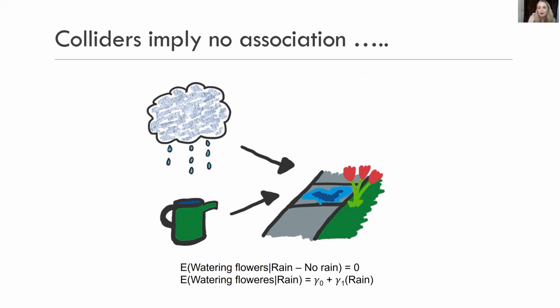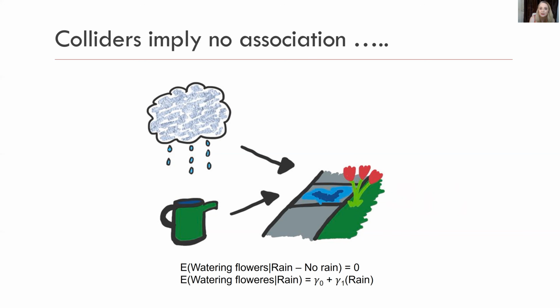The third type of relationship we can have between variables is what we call a collider. So a collider is a variable where two arrowheads meet. And it's important to remember that whether something is a chain, a collider, or a fork is what we call path dependent. So just because two arrowheads meet doesn't mean that this variable is always a collider. There may be another path where those two arrowheads chain or where those two arrows fork.